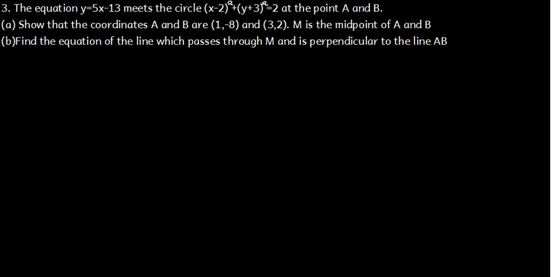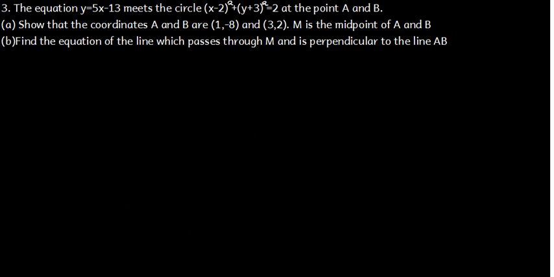Given another one here, the equation y = 5x − 13 meets the circle. So that is actually the line, the line that has that equation is the one which meets the circle. Now the equation of the circle has been given.